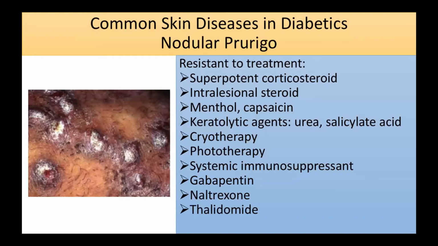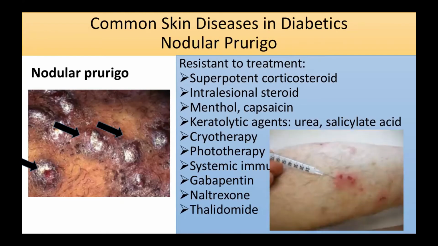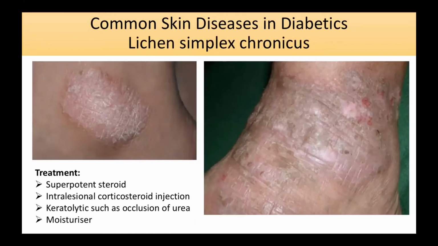Sometimes you even use very invasive things like cryotherapy, phototherapy, oral medication where we suppress your immune system. You have to go to that, otherwise it won't get better. Another option is what we call intralesional steroid injection. We do a small injection into the skin to shrink this area and relieve the itch.